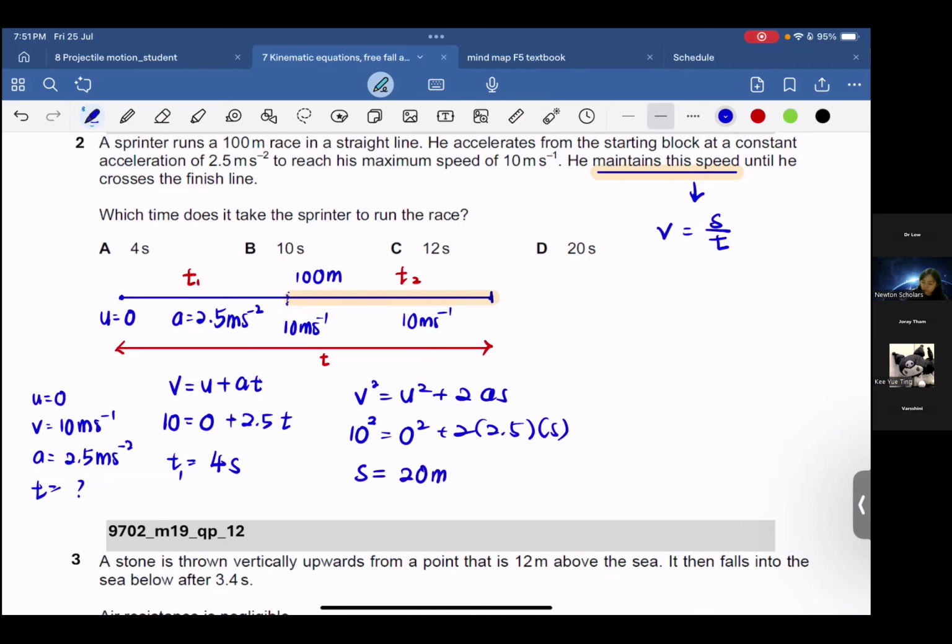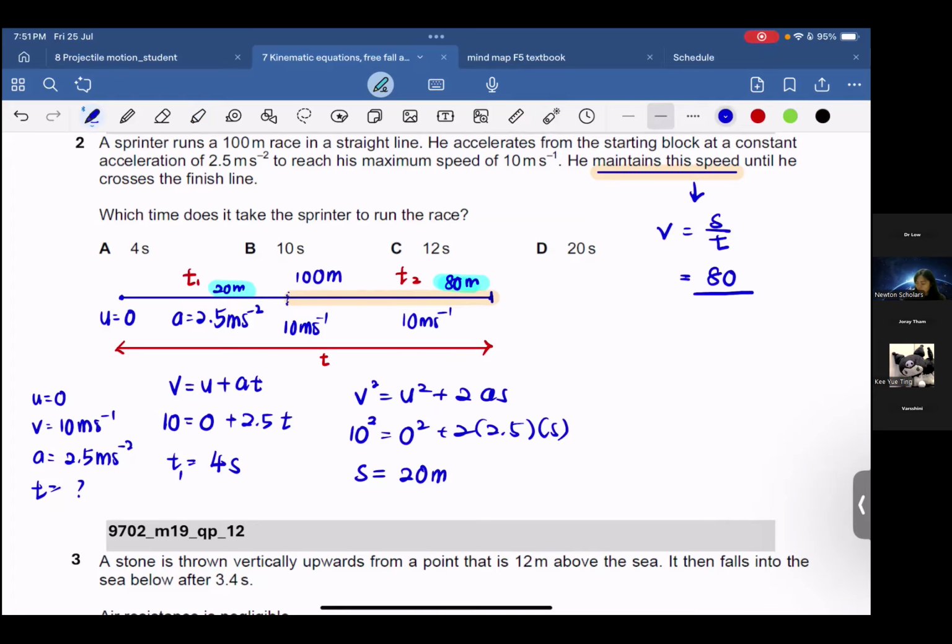That means this part is 20 meter. In total is 100 meter. So I know the second part should be 80 meter. Okay, can you get it here? This one here is 20. That means here actually will be 80 meter because in total is 100 meter.